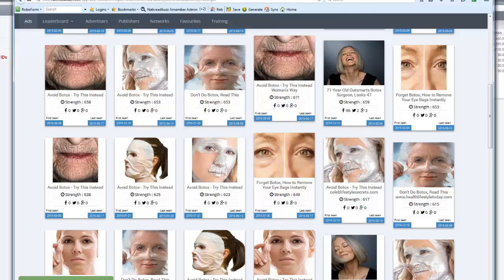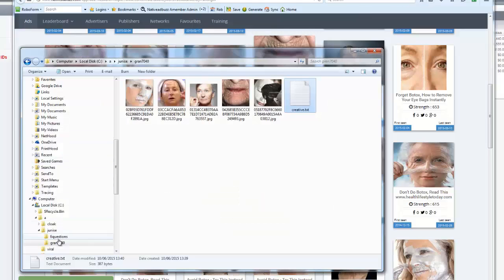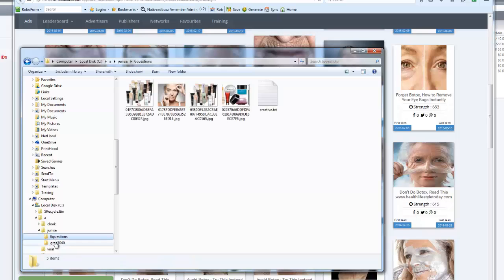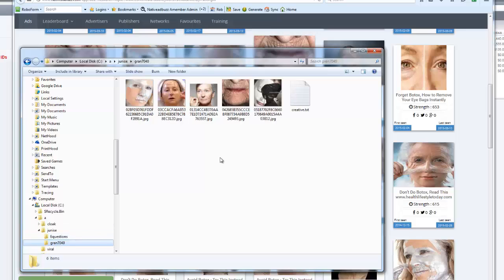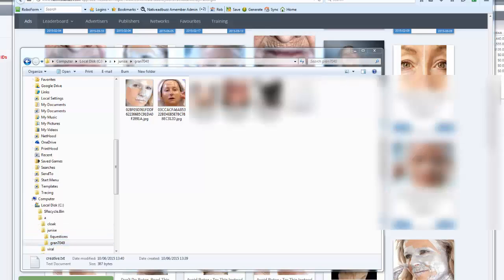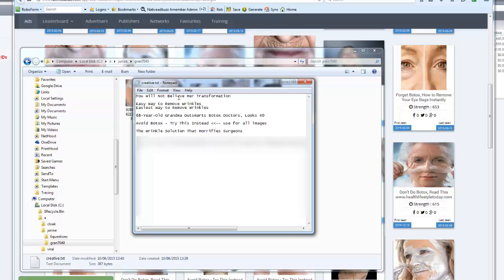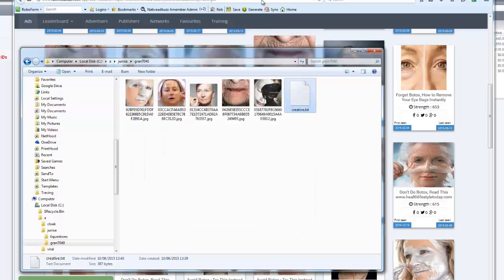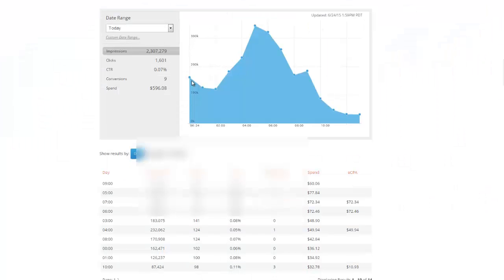What I actually did was I just saved the ads I was interested in to an area on my disk. I then picked up some creatives, and then I went off and I loaded those into content.add.